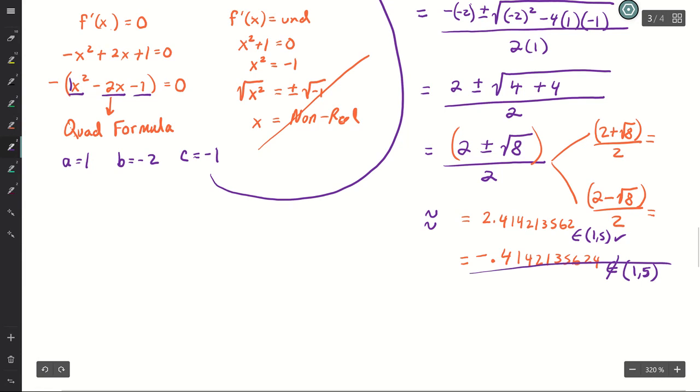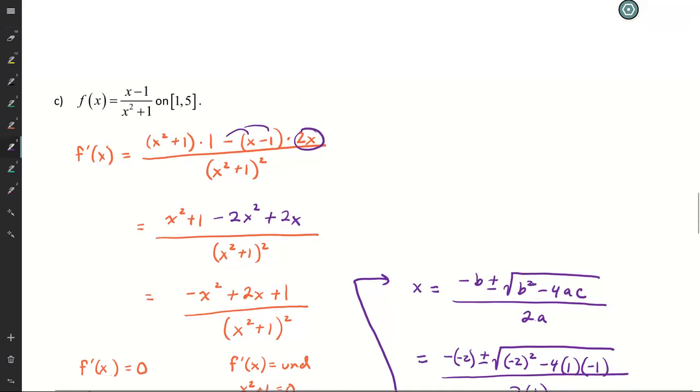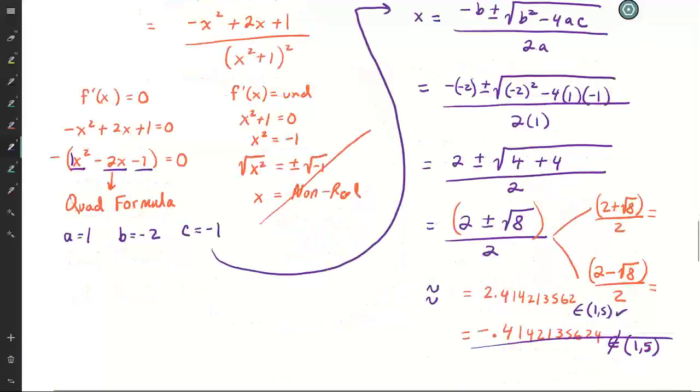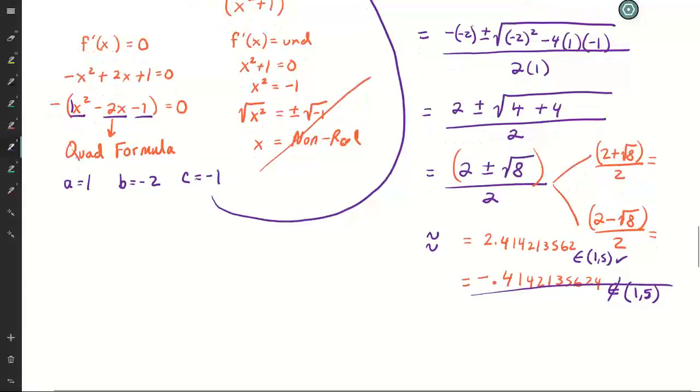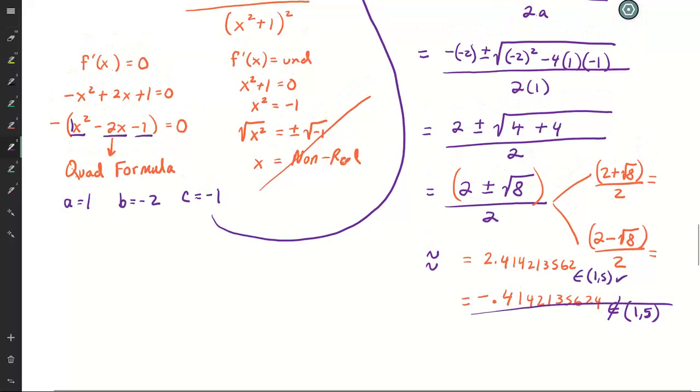All right, so now what we're going to do as our last step is evaluate our original function at the 2 endpoints and then also at the critical number that was in the region. Let me go back up and number right quick. So this was step number 1, finding critical numbers. And then step number 2 was to go back and evaluate at the critical numbers.